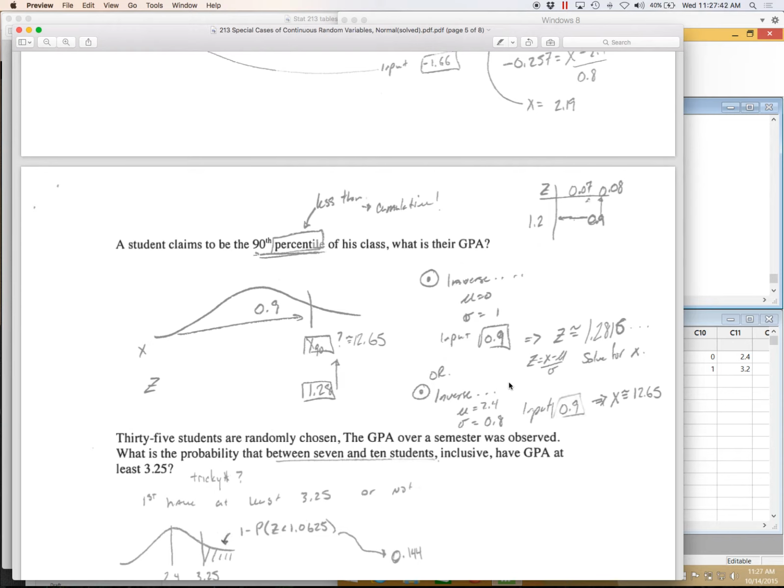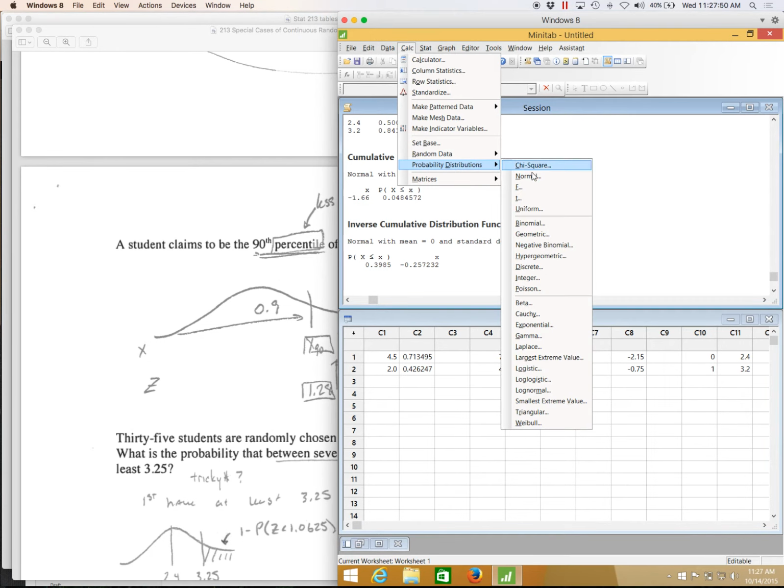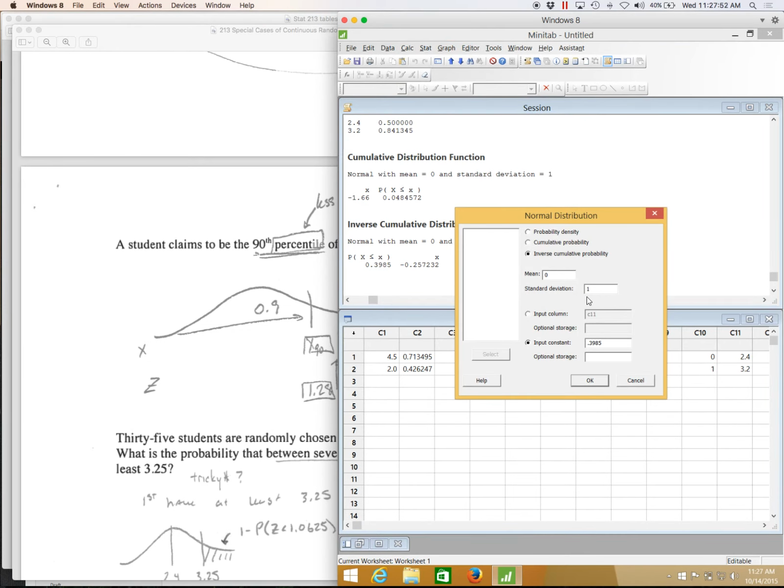There are a lot of different ways that you can do it. Let me show you two ways. I'll go to Calc, Probability Distribution, Normal. If I'm talking about the Z distribution, the middle is 0 and the spread is 1. I've got an inverse cumulative area, so I'm saying here the cumulative area is 90% or 0.9.